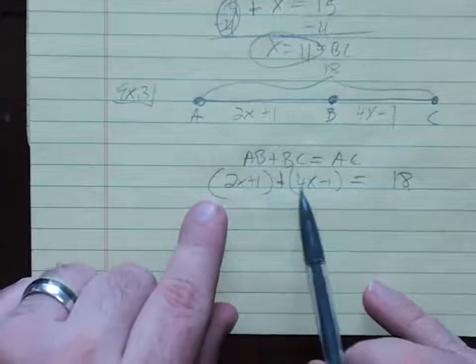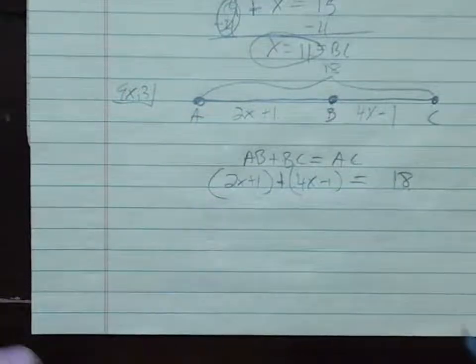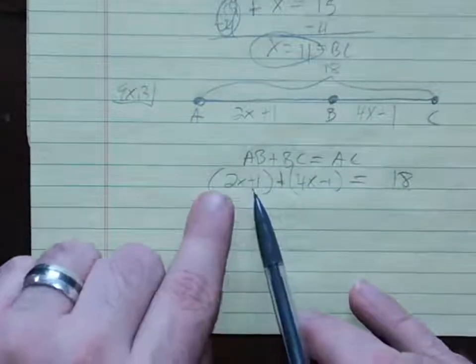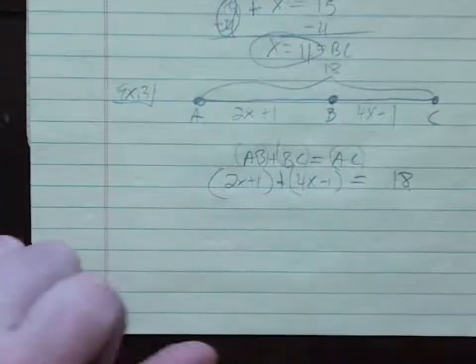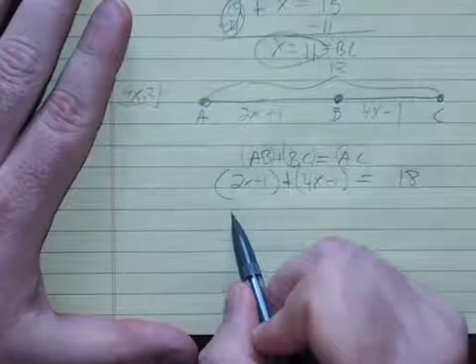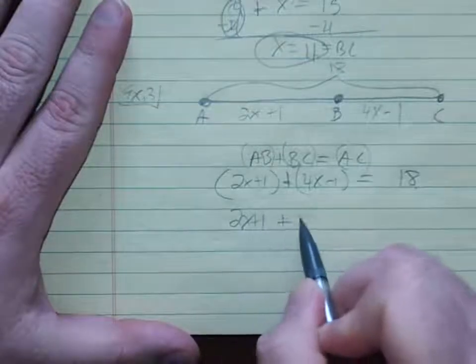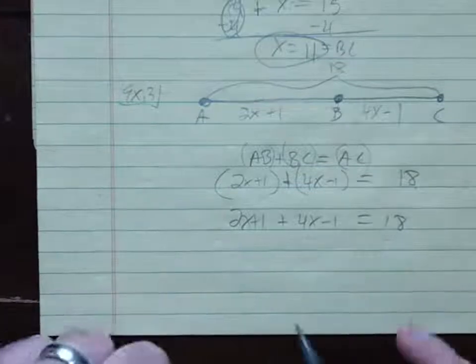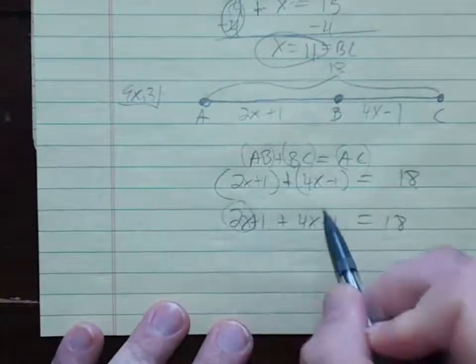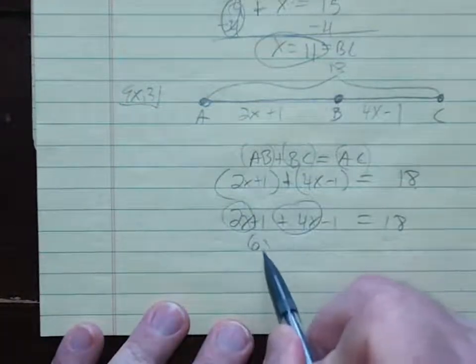Now, I put the parentheses here just to show you what I was substituting in for each piece. They don't serve any other purpose. So if we wanted, we could completely get rid of them. And it's a good thing we do that, because then we can start combining like terms, like 2x's and 4x's is 6x's.